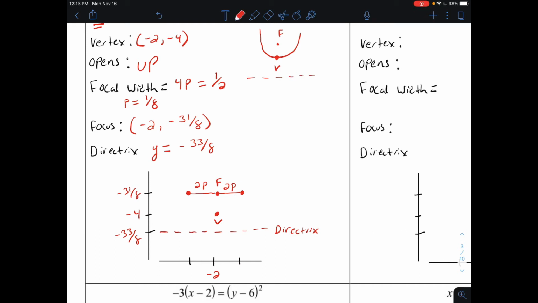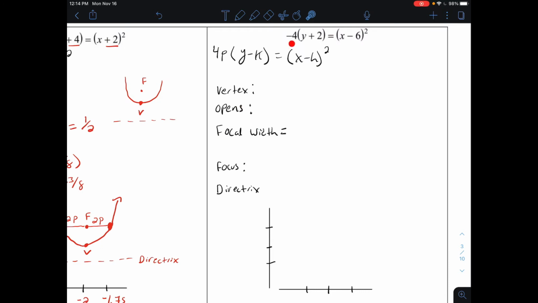We add that 2p and we get a right value of -1.75 and a left value of -2.25. And so now we can sketch our graph to go through those points. And I know it's not drawn to scale, but we have the appropriate values.